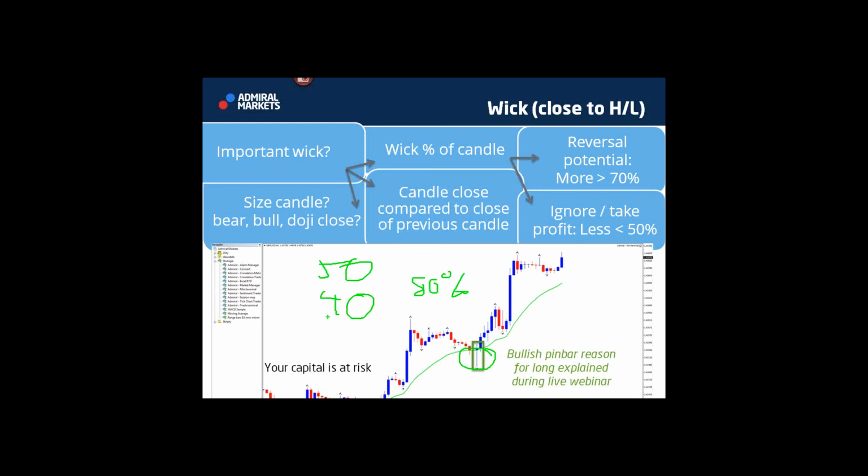It could still be worth it to take profit, especially if you see a wick that is 50% or 40% of the candle at a strong support or resistance zone. The wick is not that large, but if there are other factors that come into play, or if it's a high time frame, it might make sense to still take profit.